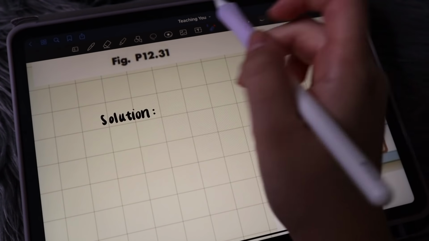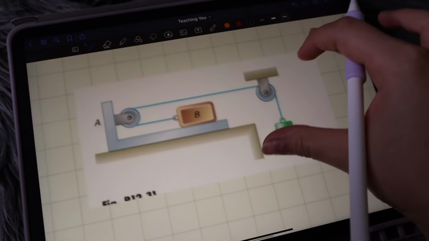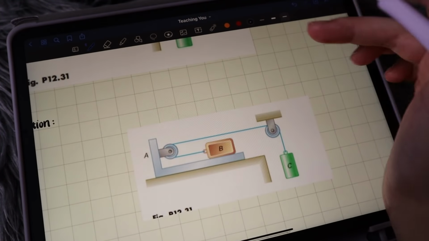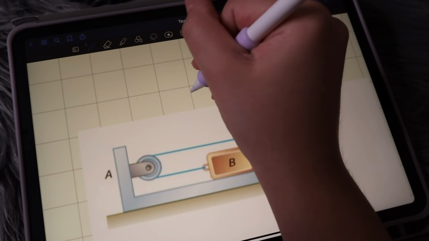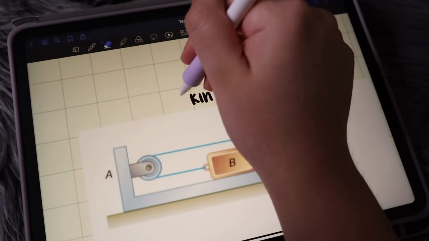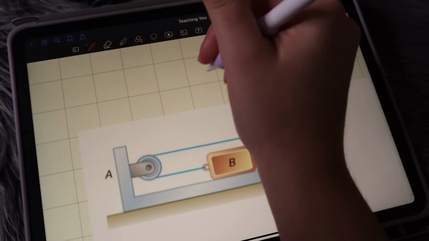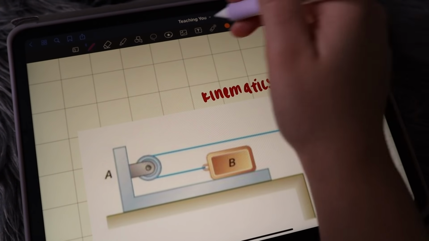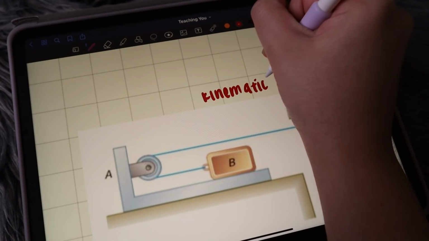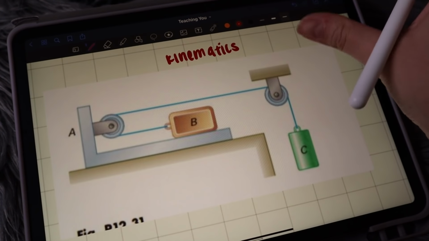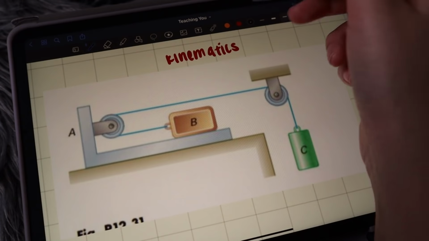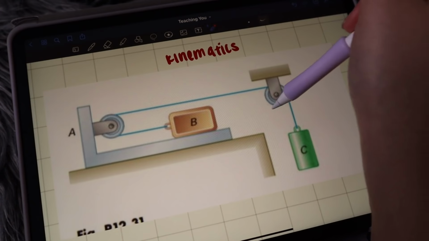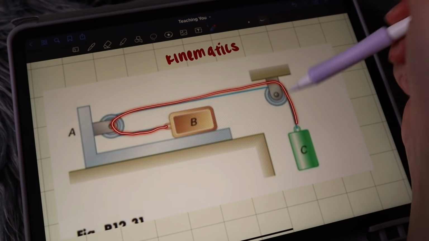Alright, now let's move on to the solution. So, I already have all of the diagrams ready to go. Okay. So, we're going to start with the kinematics. Okay, let me just write that in red, okay? Kinematics. So this is basically when we analyze the motion that we have going on, because this is constrained motion, right?